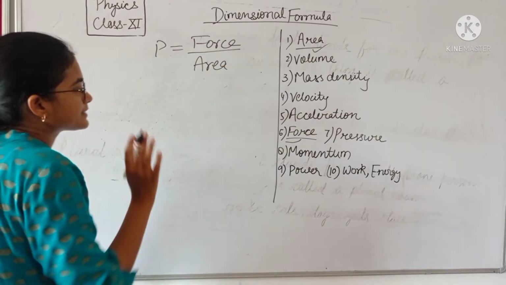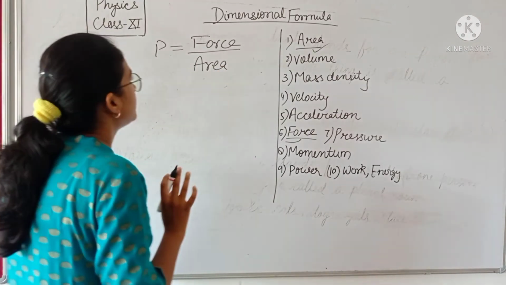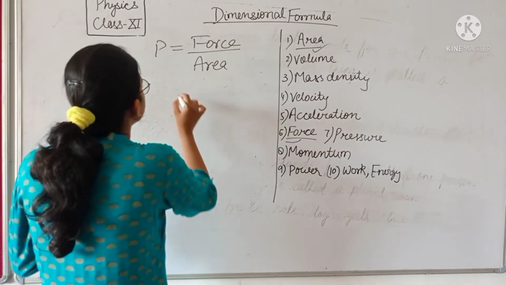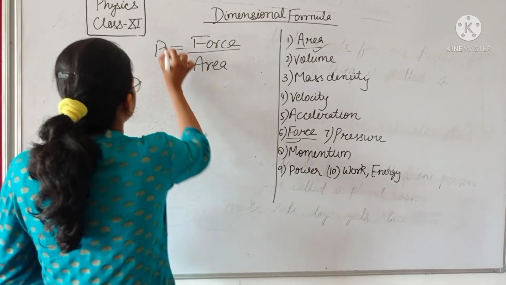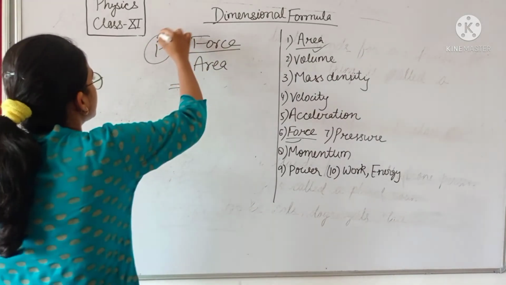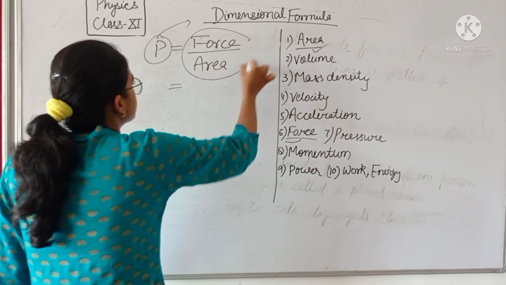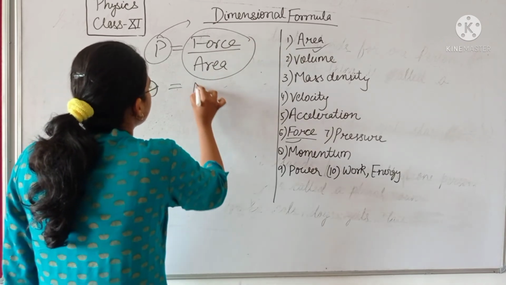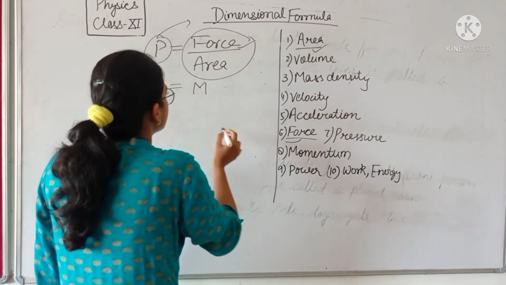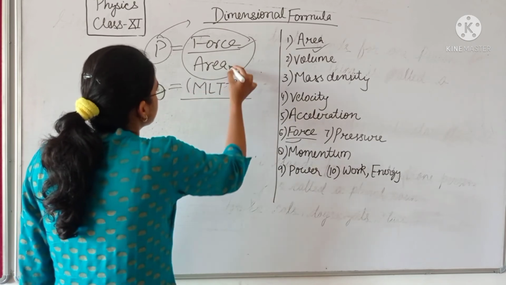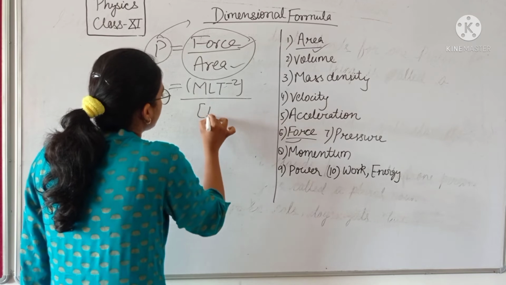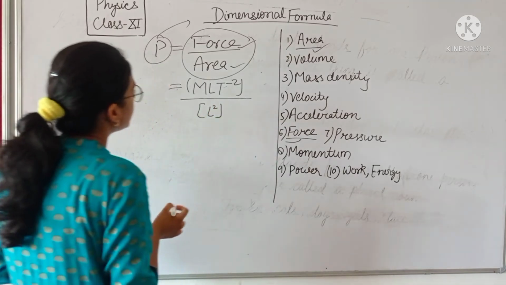This is very simple and easy, but the basic thing is you must know the formula. If you have to calculate the dimensional formula of P, you should know this. We have calculated the dimensional formula of force, M L T to the power minus 2, and area's dimensional formula is L square.